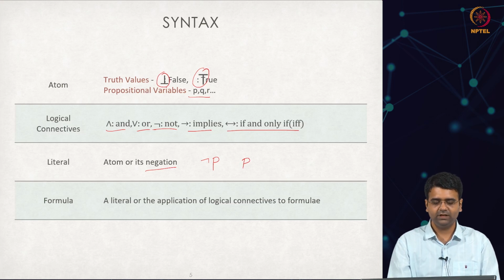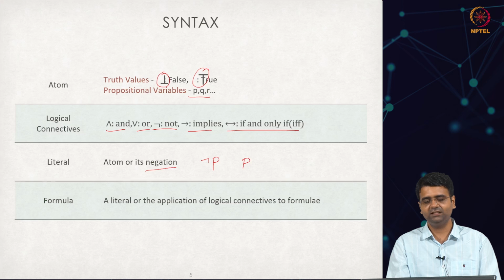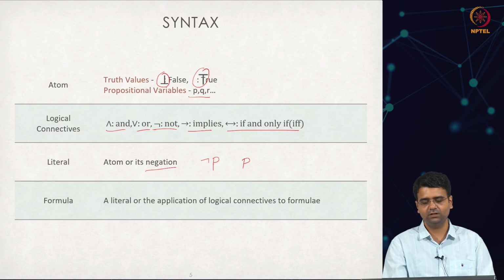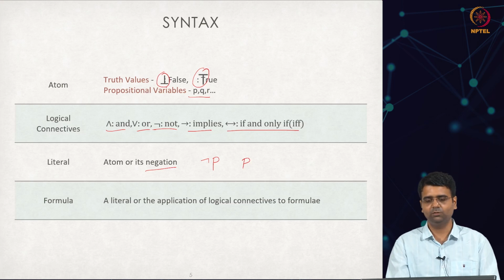And finally, we define a formula as either a literal or the application of logical connectives to other formulas. This is an inductive definition of a propositional logic formula: a formula is either a literal, or it is obtained by applying one of these five logical connectives to other propositional logic formulas.